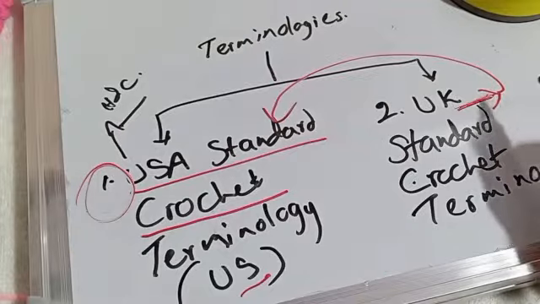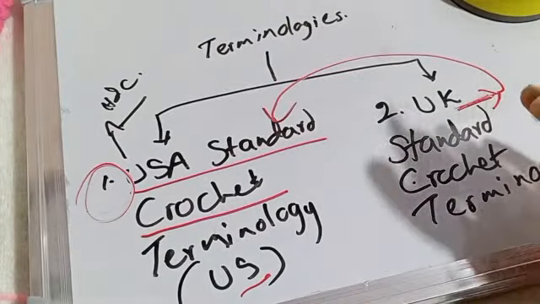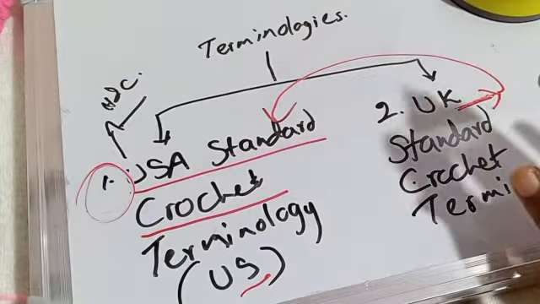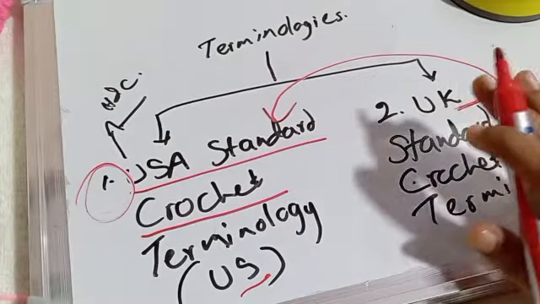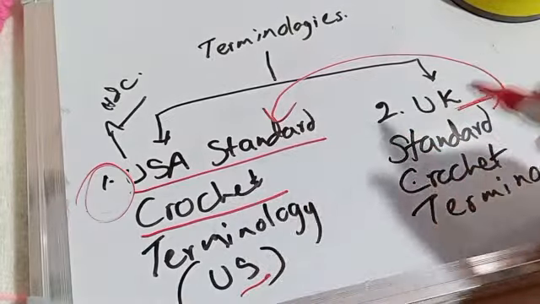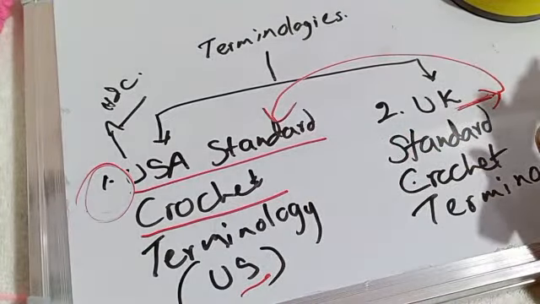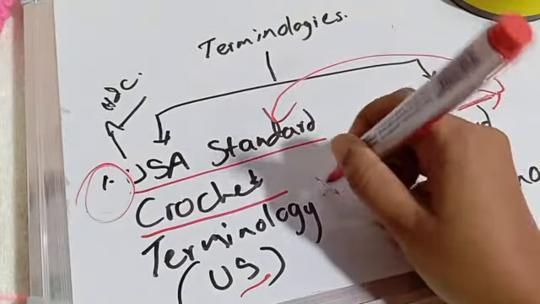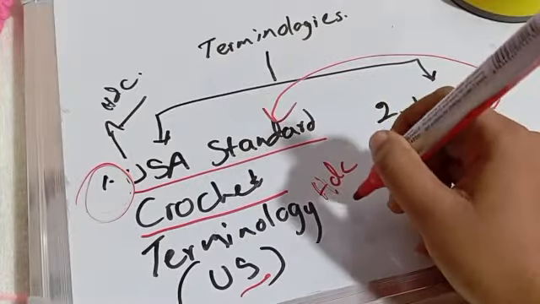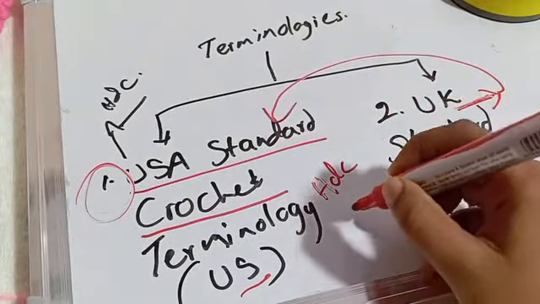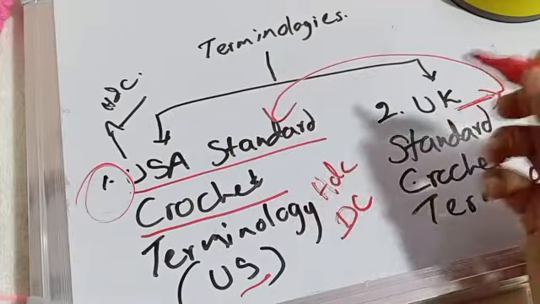That is something complex, but you have to keep in mind that there is a difference between US and UK standard crochet terminology. If one pattern says half double crochet stitch, for example, the other terminology says it as double crochet stitch.